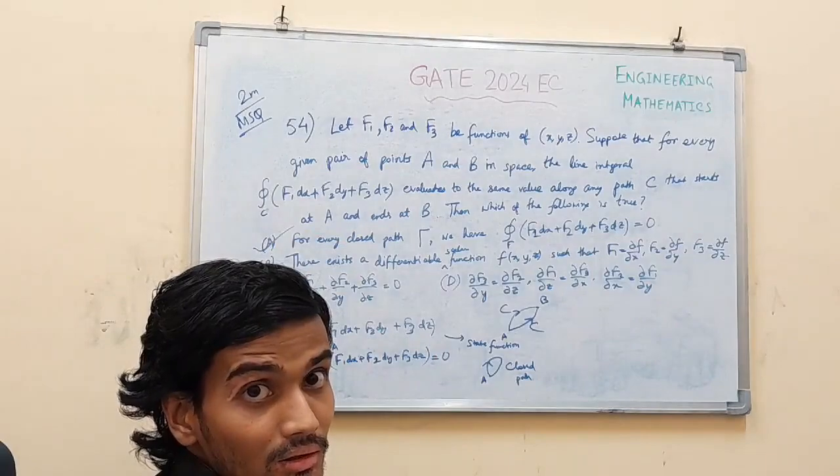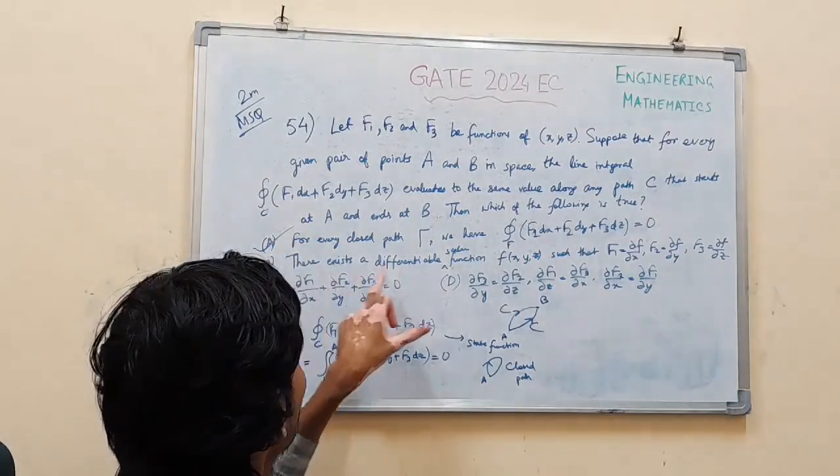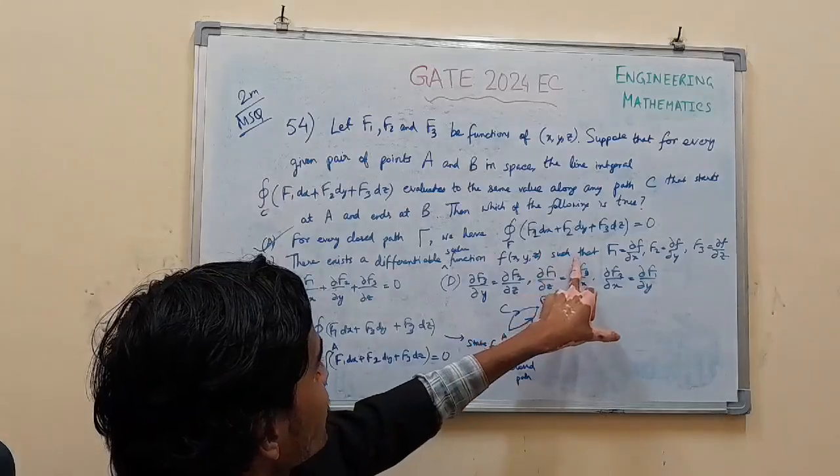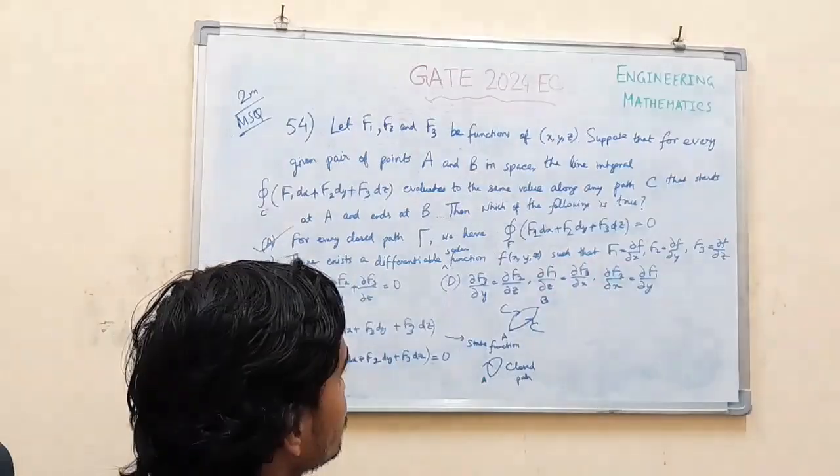Let's check the other options. A differentiable scalar function f of x, y, z such that this.